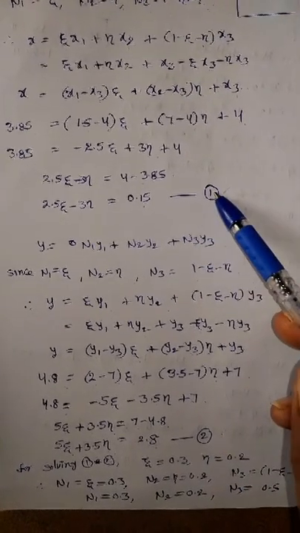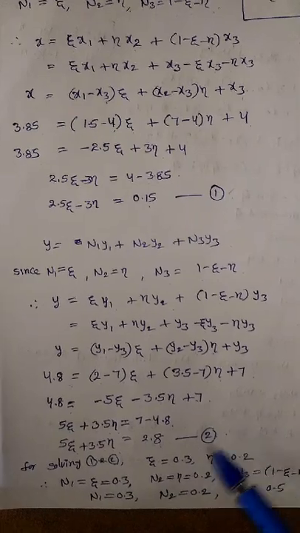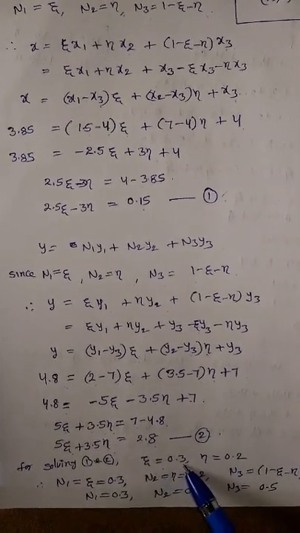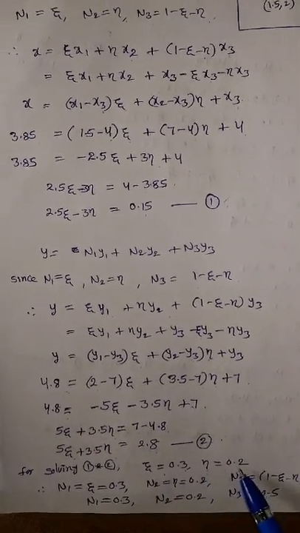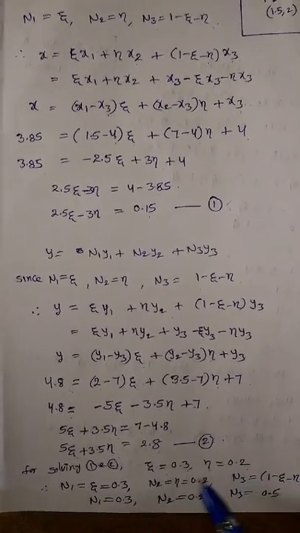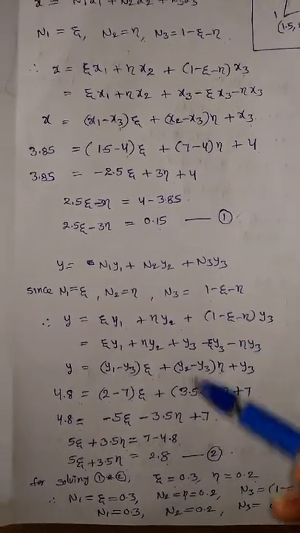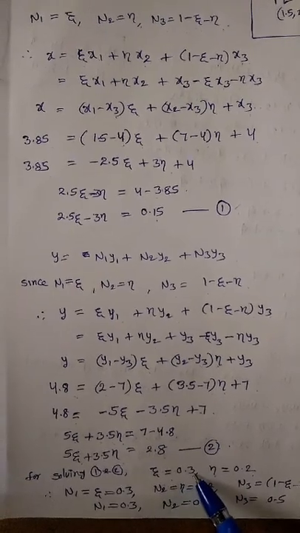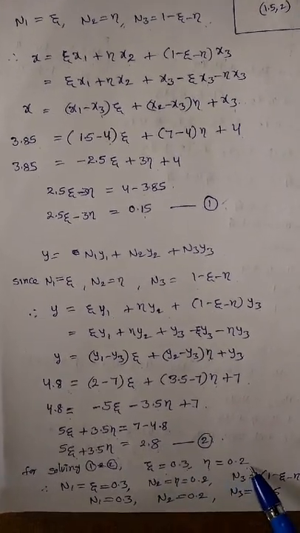For solving equations 1 and 2, xi is equal to 0.3 and eta is equal to 0.2.